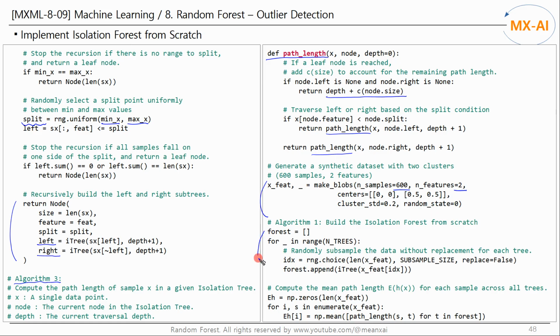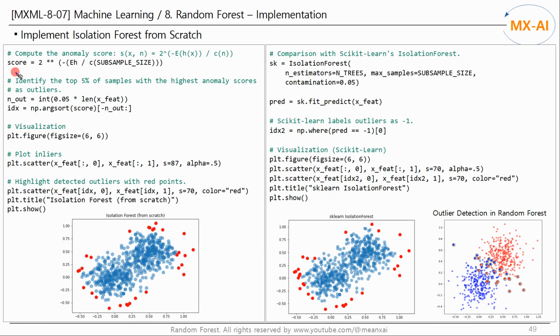First, we build 50 isolation trees based on algorithm 1. Next, we estimate the path length of every sample in the dataset. We then compute the anomaly score for each sample. Finally, we identify the top 5% of samples with the highest anomaly scores as outliers.